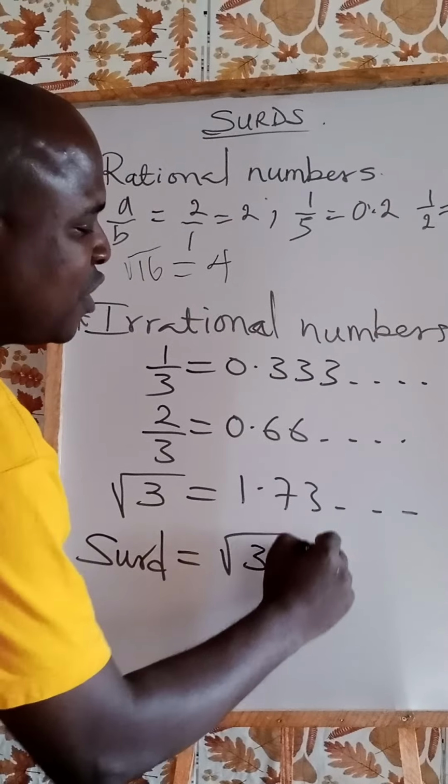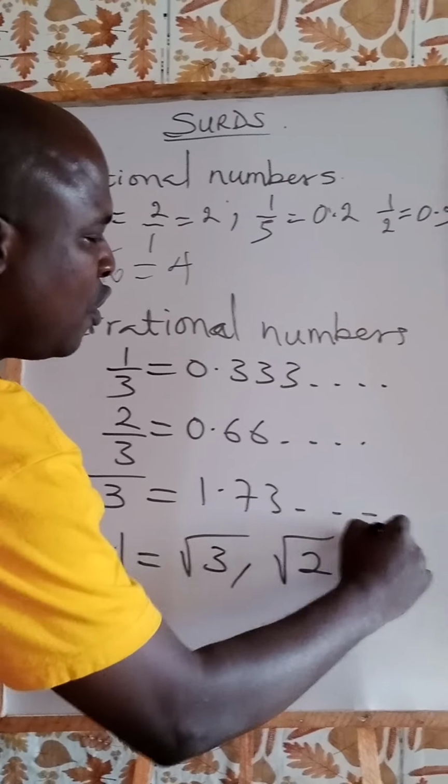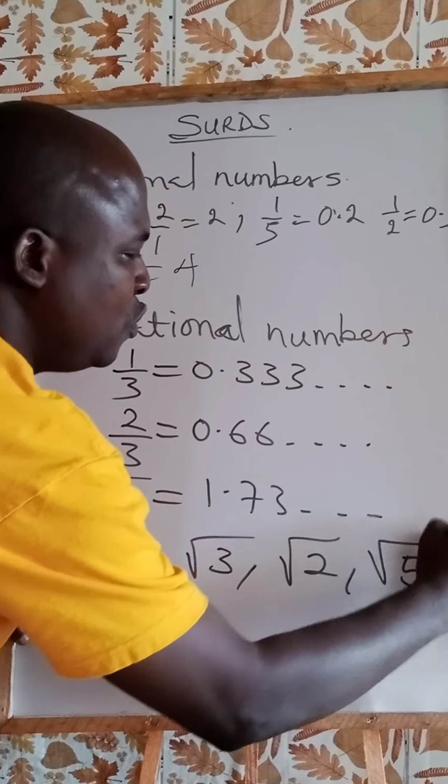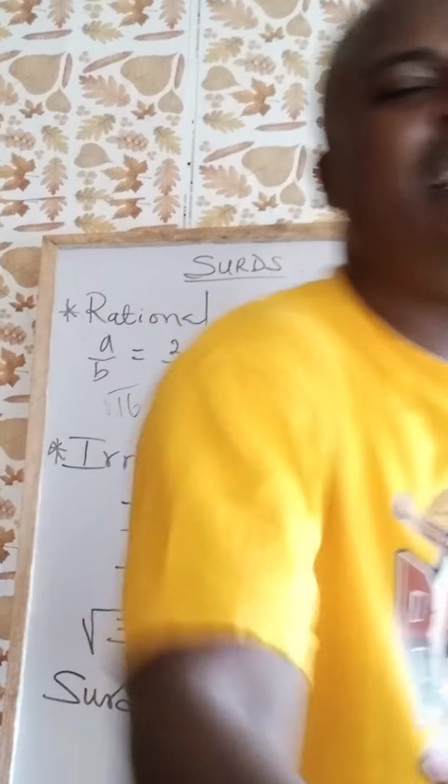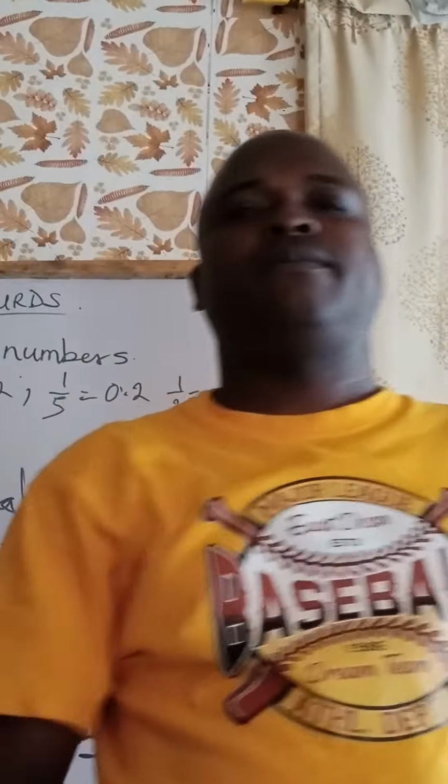For instance, I may have root 3, root 2, root 5, root 7. These are all non-perfect squares. So automatically, I can say indirectly that a surd is an irrational number. I hope I am making sense.